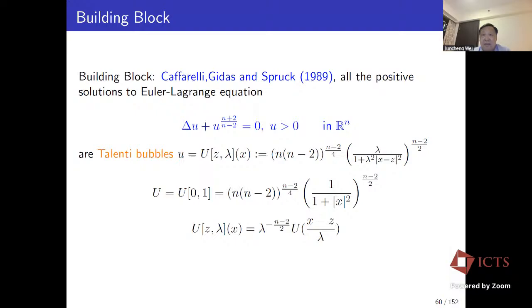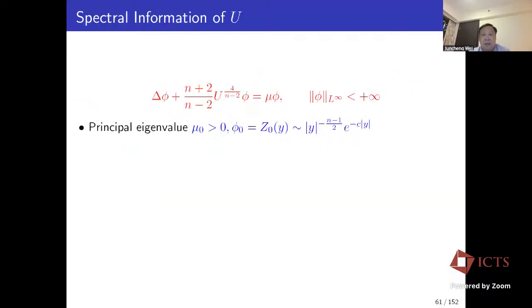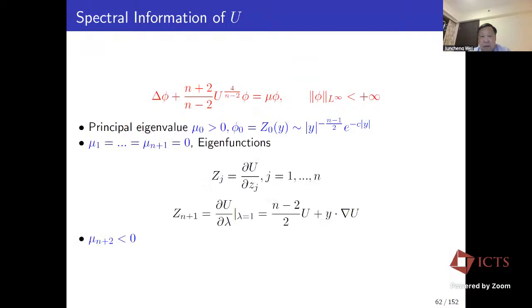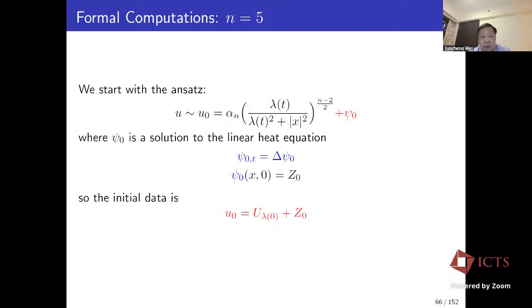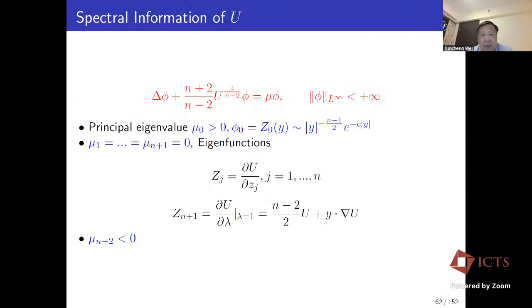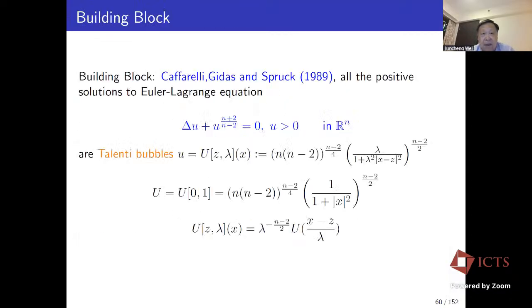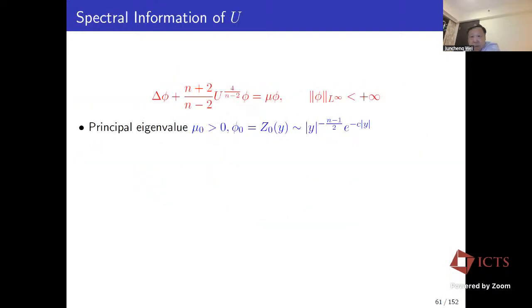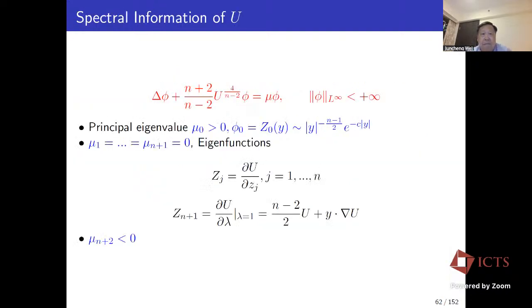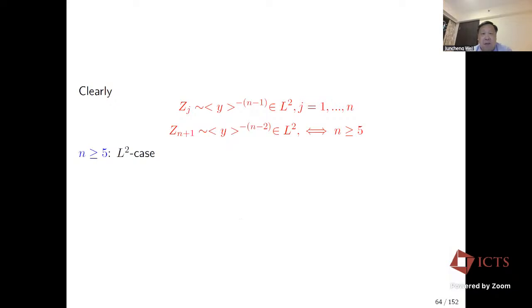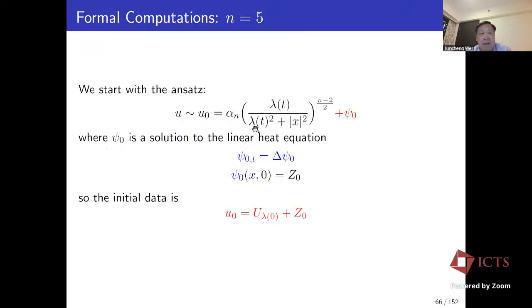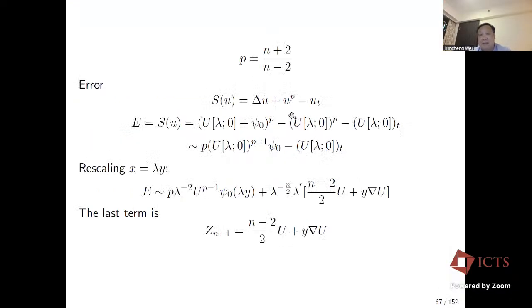Okay, so let's start with the building block, which is the Aubin-Talenti bubble, and we know the eigenfunctions, and we know the translation, we know the scaling, and so let's start with this ansatz, okay, and we do a formal computation, right?